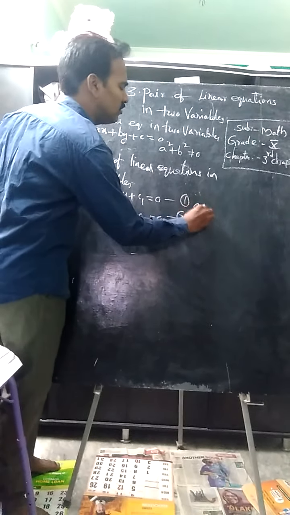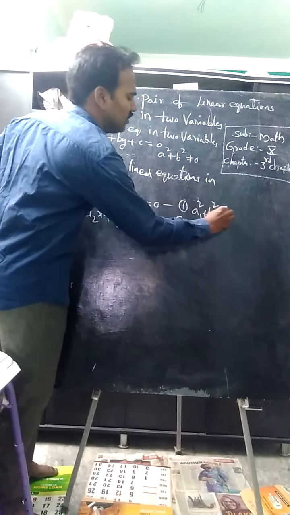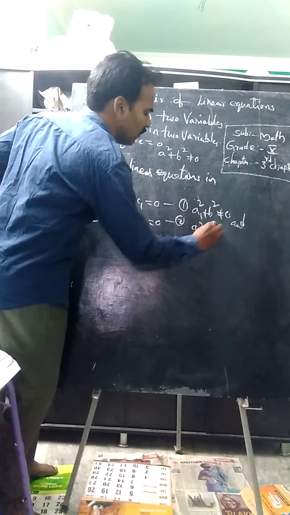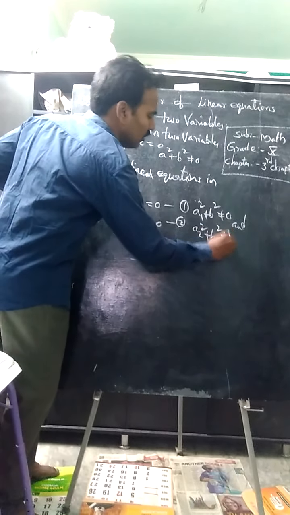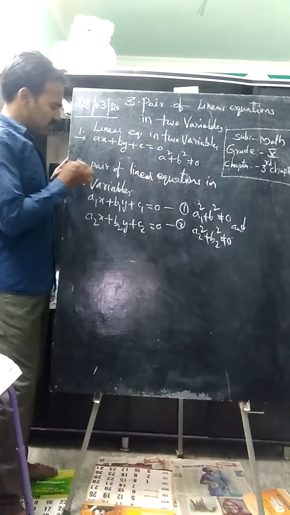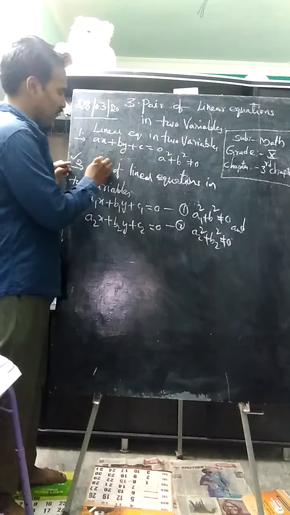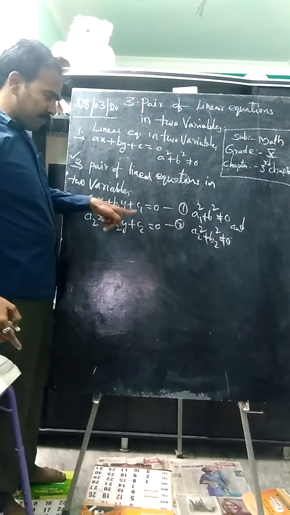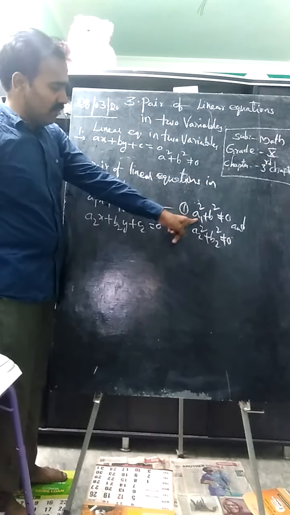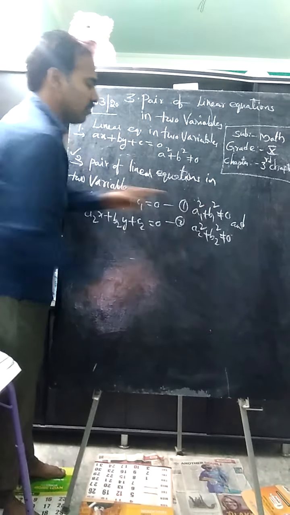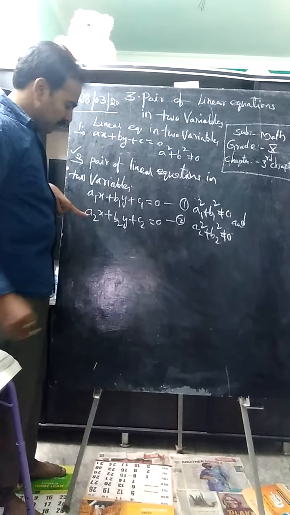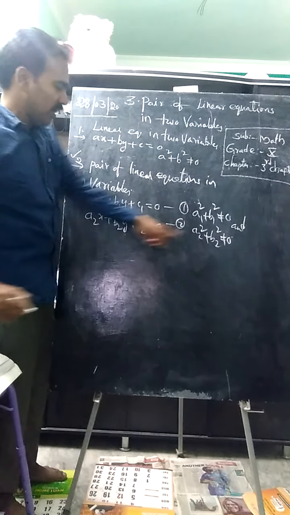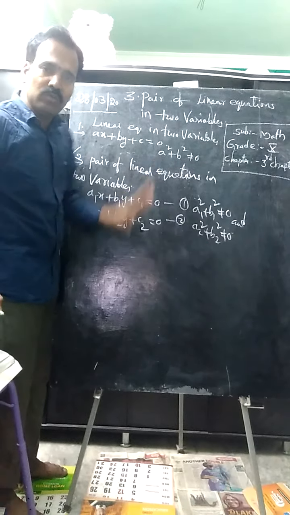The condition is a1 square plus b1 square not equal to 0 and a2 square plus b2 square not equal to 0.